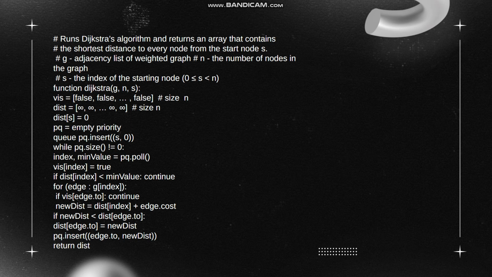And after this, if this distance is less than our minimum value, we are going to skip it and not consider this item.